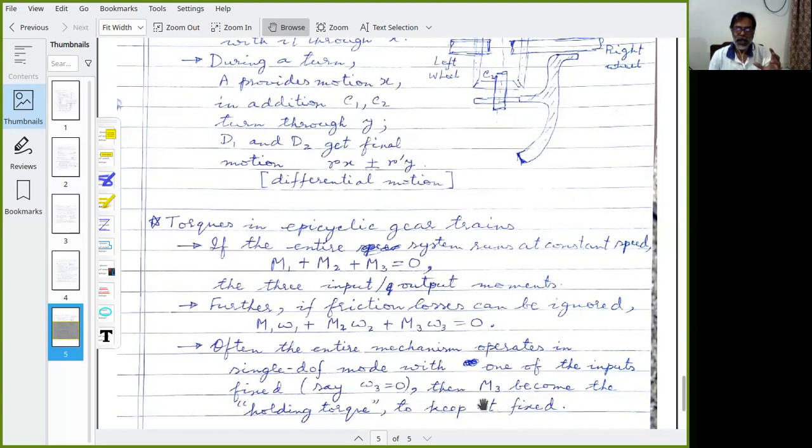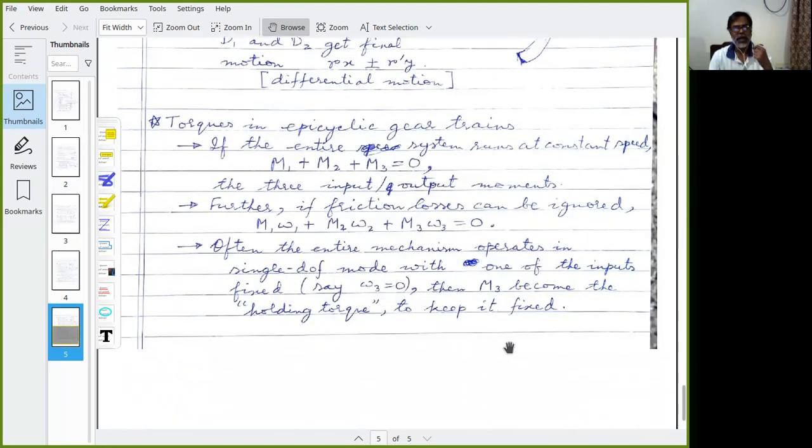There will be a holding torque. Okay. So M3 becomes the holding torque, in order to keep it fixed. So these are the three conditions that may appear when you try to work out the relationships among the torques operating with the different components of the vehicle.